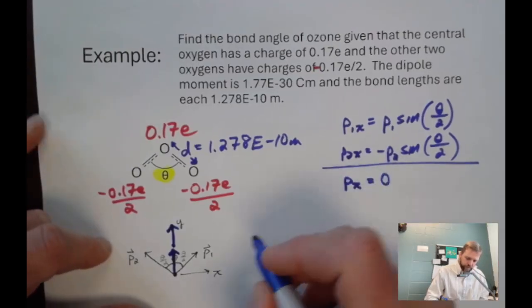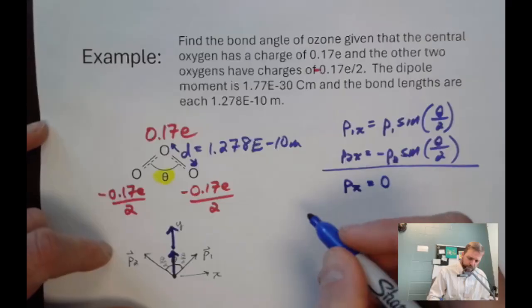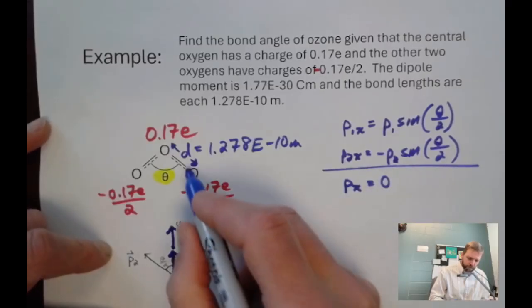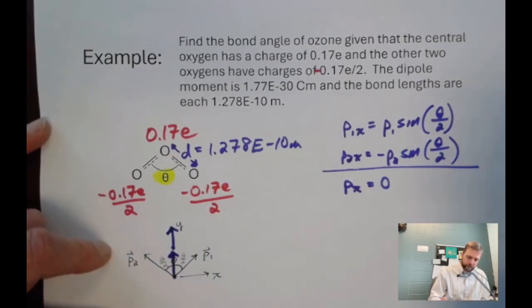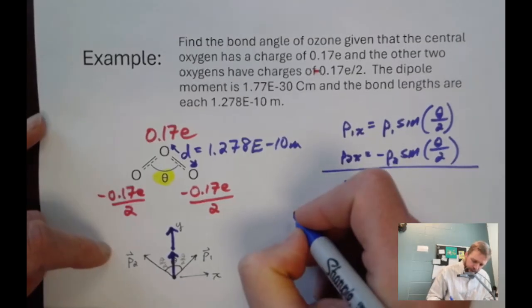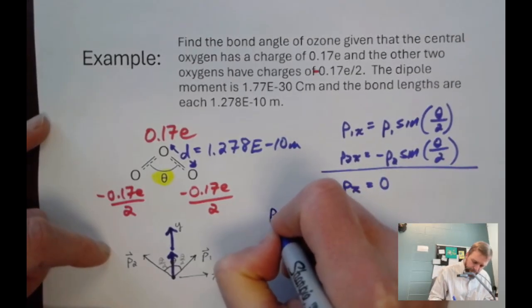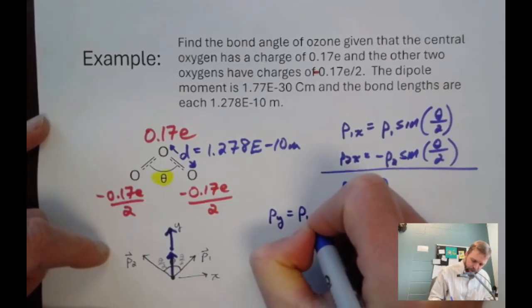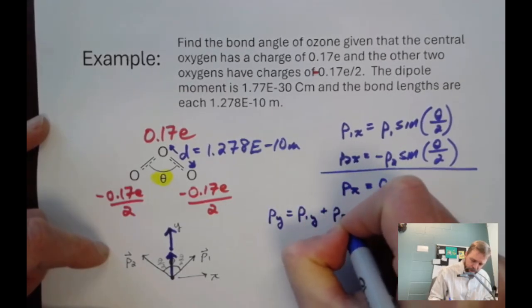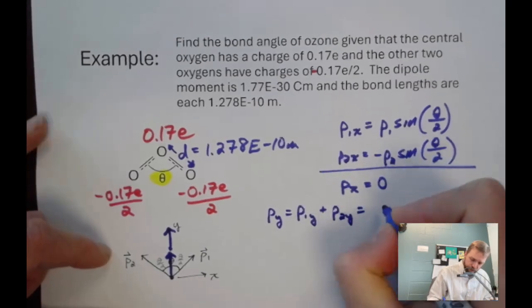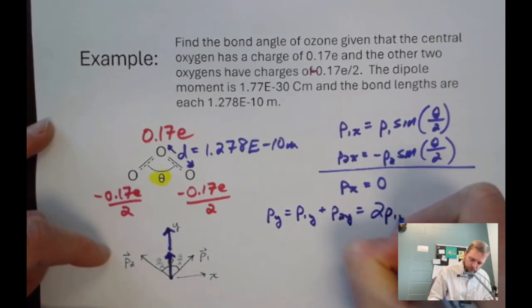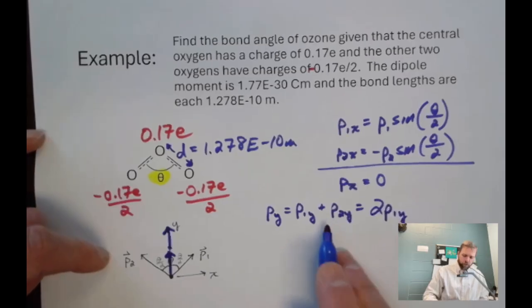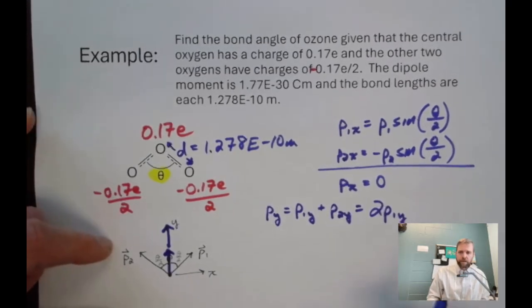Since these have the same magnitude, Py is equal to P1y plus P2y, which equals 2 P1y, because they're equal and I can just take the sum of them.